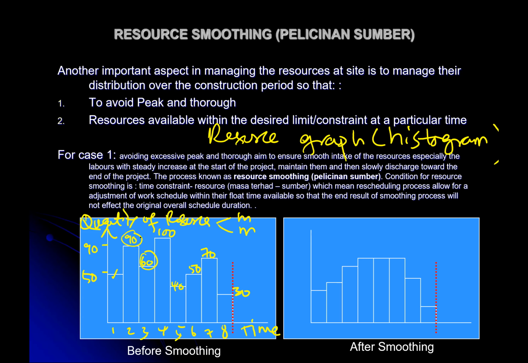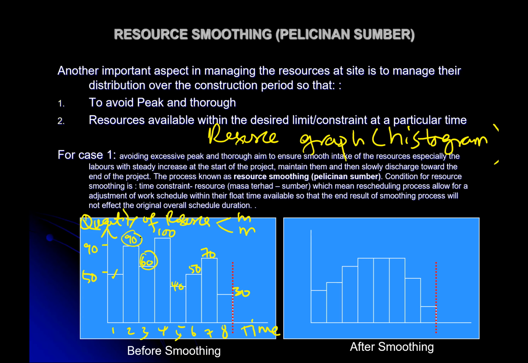So the workers might not like a situation where there is some work going on, and then the other month no work. There is no consistent income for themselves. They will try to get a project which can give them consistent income. So there is the issue of workers' demotivation.